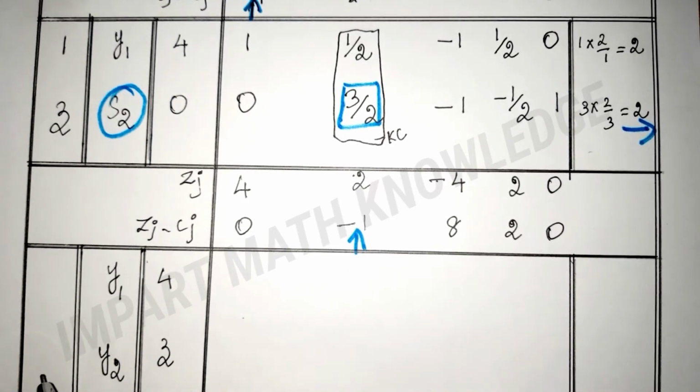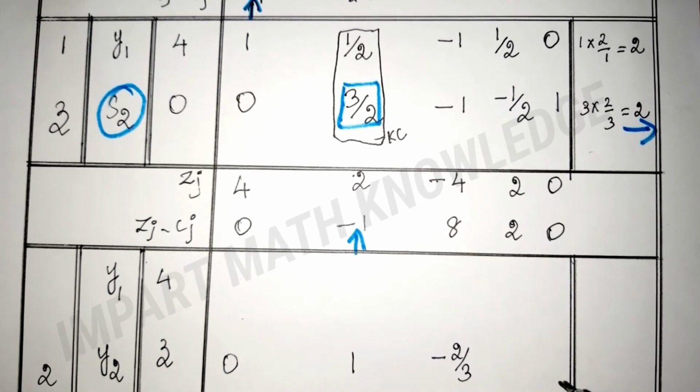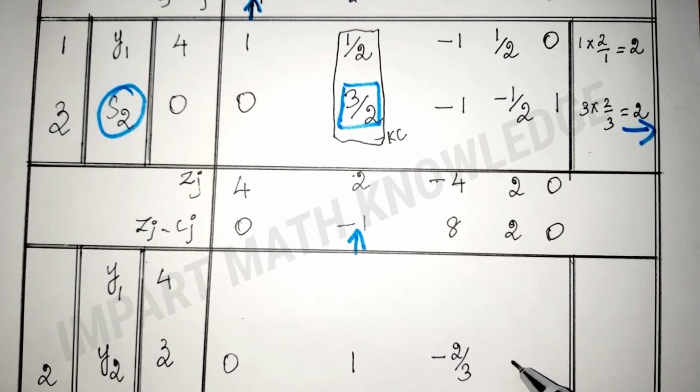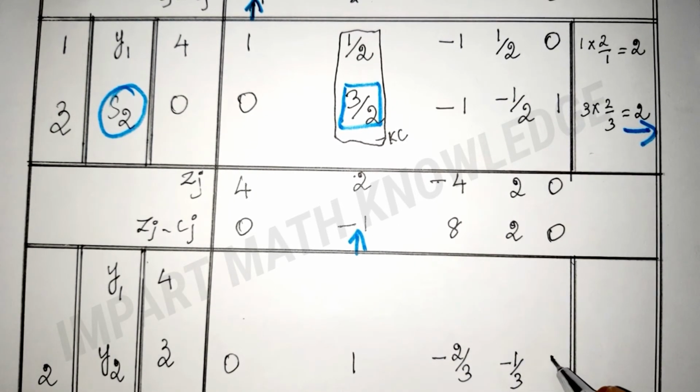That is, 3 divided by 3 by 2 is 2. 0 divided by 3 by 2 is 0. 3 by 2 divided by 3 by 2 is 1. Minus 1 divided by 3 by 2 is minus 2 by 3. Minus 1 by 2 divided by 3 by 2 is nothing but minus 1 by 3. 1 divided by 3 by 2 is nothing but 2 by 3.